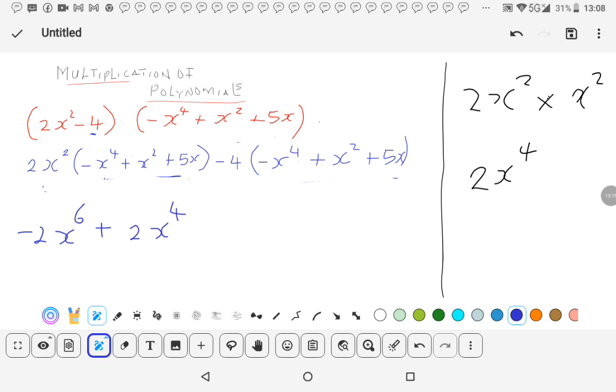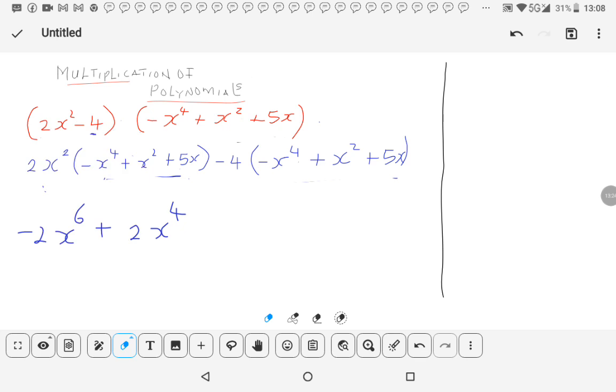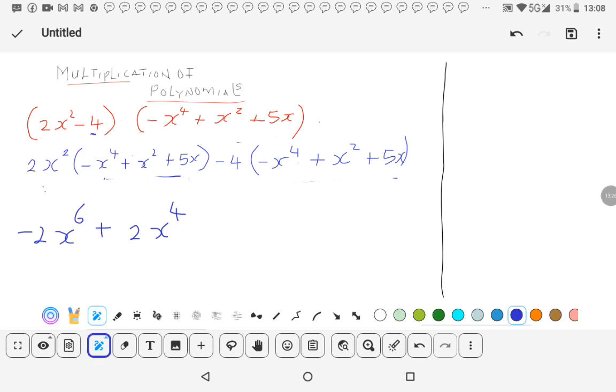And the next one is multiplying 2x raised to the power of 2 times 5x. So don't forget, if it is only x, you know that it has a power of 1. Even though the 1 is not written, just know that if it is only x, it has a power of 1.